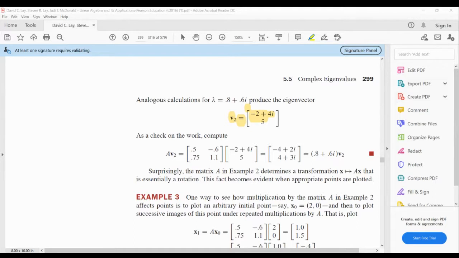How do we know that, Matthew? Well, you can use brute force and calculate that the second eigenvector is negative 2 plus 4i and then a 5 for this second example from section 5.5.